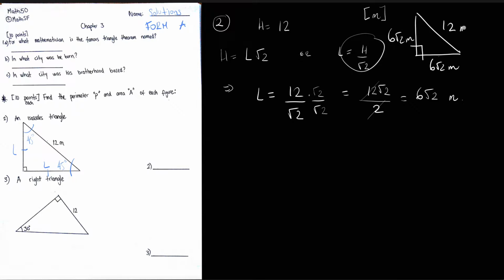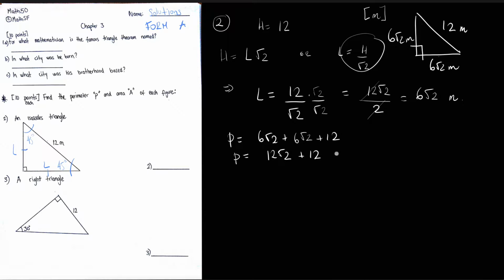If I'm looking for the perimeter, recall that the perimeter is the sum of every side. So perimeter should be equal to 6 root 2 plus another 6 root 2 plus 12. After that, we add them and combine like terms. So I'm going to have 12 root 2 plus 12.